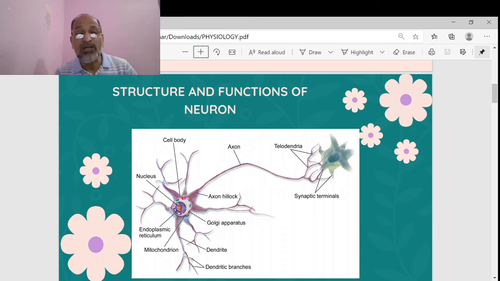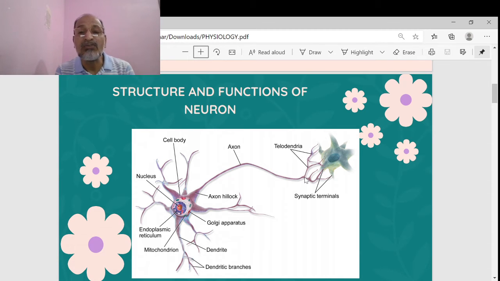In this picture, you are seeing the cell body, which has a nucleus, an endoplasmic reticulum, and a Golgi apparatus. From its lower part, from an area which is a thickened cell membrane, the axon hillock, you have the axon going and terminating with the synaptic terminals, also known as the synaptic knobs.